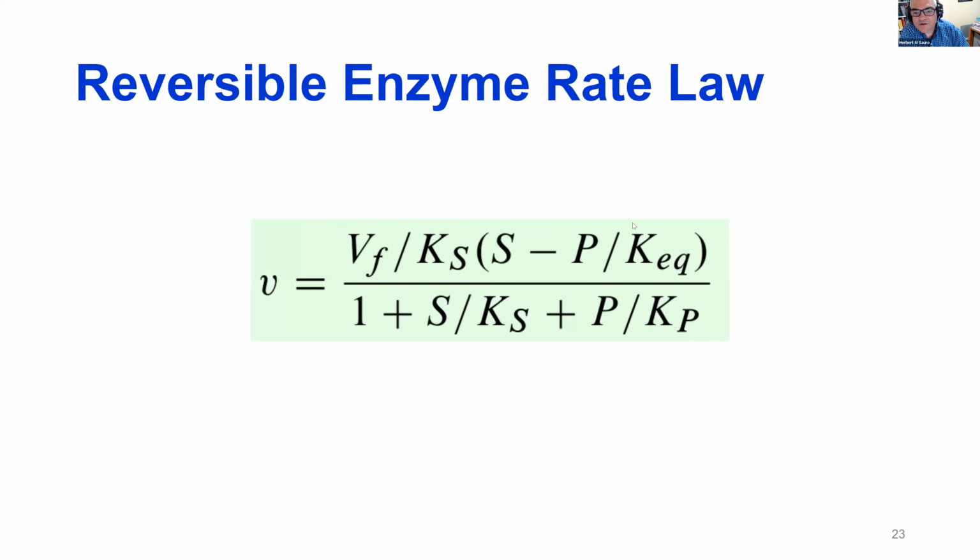It also has the equilibrium constant. So this is the reversible case, and this is the one you probably should use unless you have other information. If you can't use this one, or you don't want to, there's an alternative, which I'll come to in a minute.